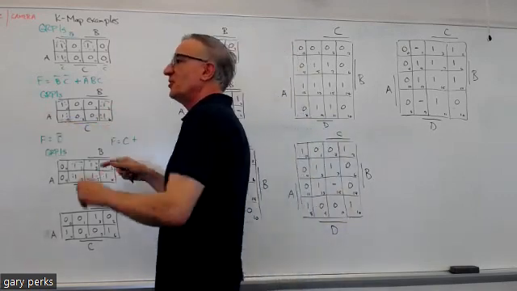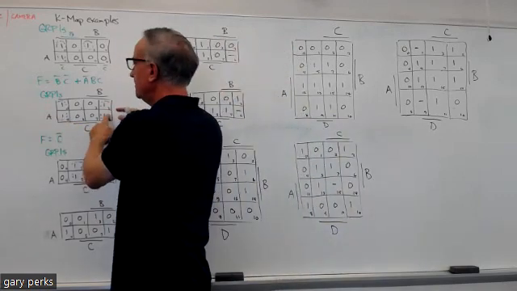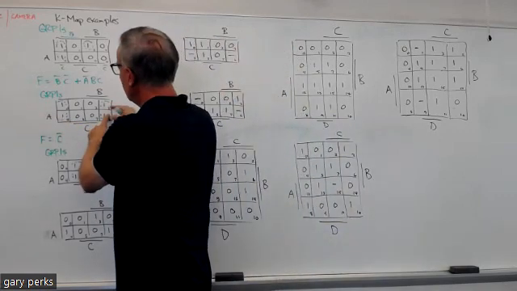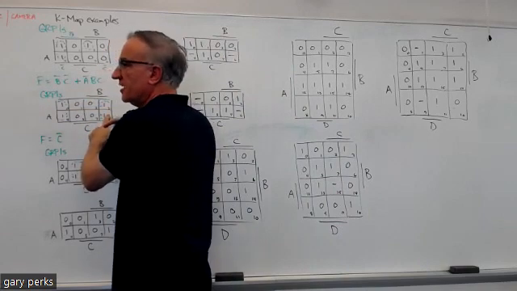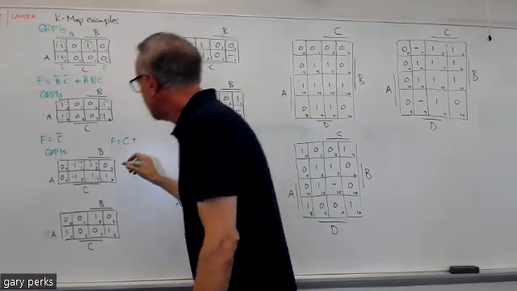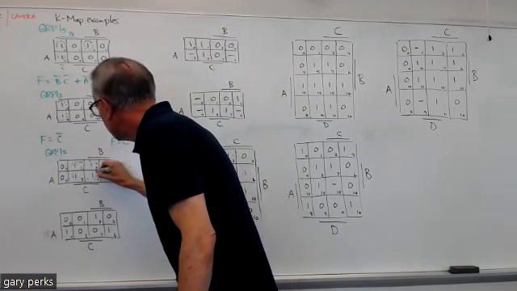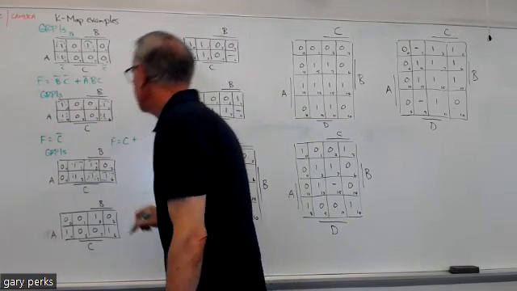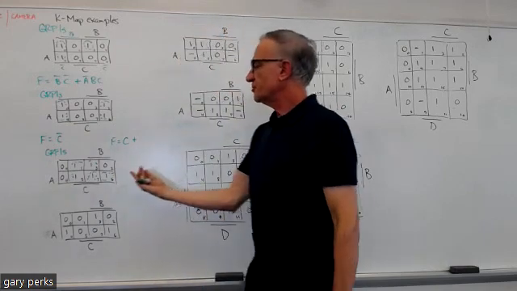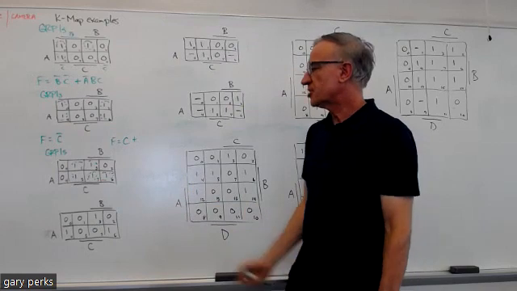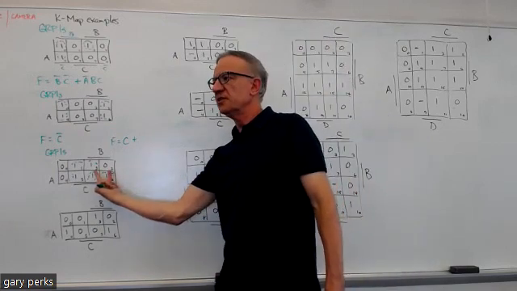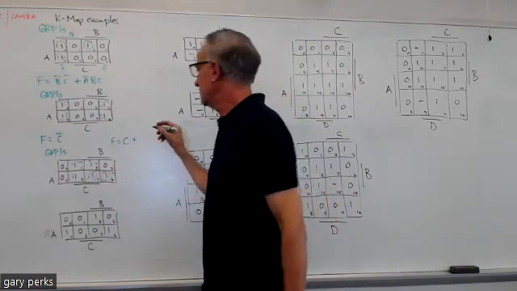Okay, so that's why I wanted to wait, because if this is a 0, you could do this 2 grouping and then this 2 grouping, because you can overlap. Okay, so then what term are we going to get from this 2 grouping? What's common to these 2? AB.